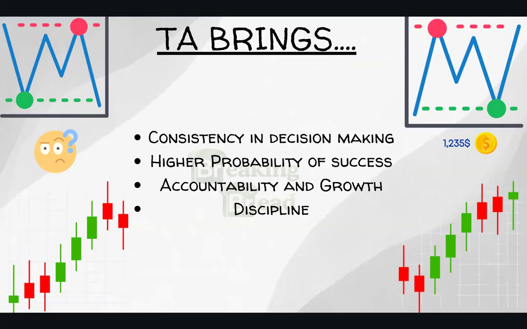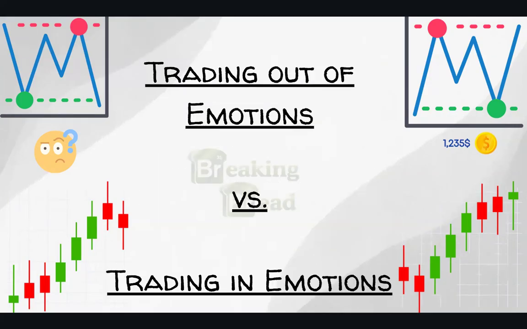Your technical bias brings accountability and growth. So you can review your strategy, learn from your mistakes, and refine your methods, which brings growth and improvement. And your technical bias brings discipline, which requires you to adhere to that same trading plan, which builds habits that can be sustained over the long term.